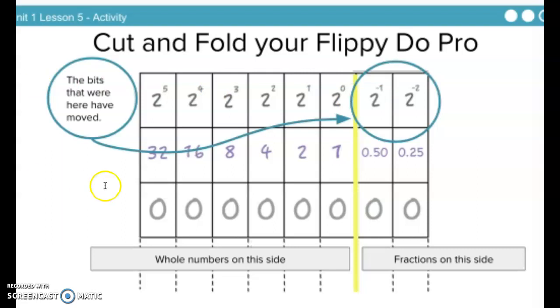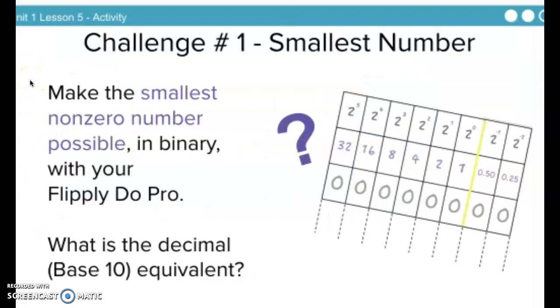Okay, so moving along, and I hope that you can cut out your Flippy Do. Okay, so challenge 1, and this will be done as the whole class together. You're going to produce the smallest binary number possible with the Flippy Do Pro. So the smallest binary number is what?